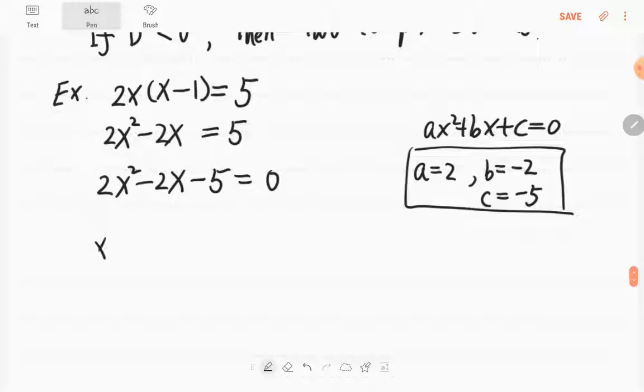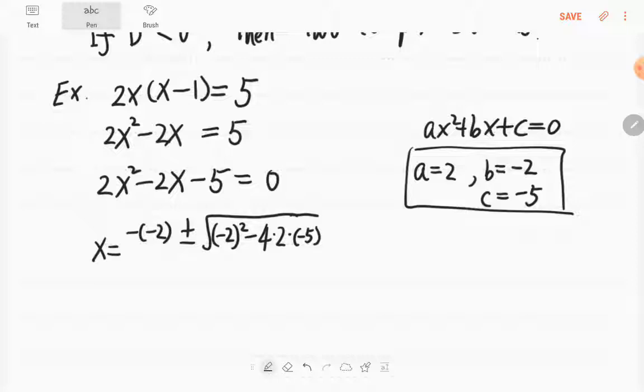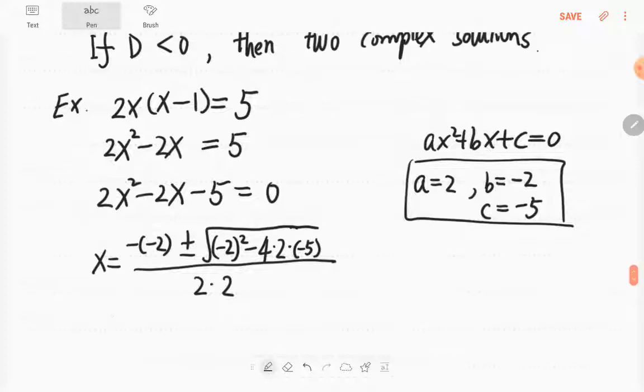It says x equals negative b, which is negative negative 2, plus or minus the square root of b squared, which is negative 2 squared, minus 4ac, 4 times a is 2, times c is negative 5, then divided by 2 times a, which is 2. So this is your solution, but you need to simplify it.